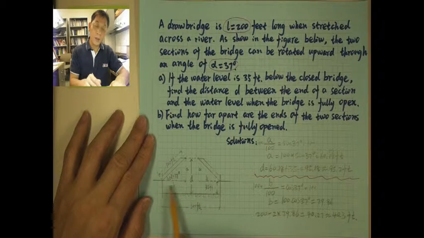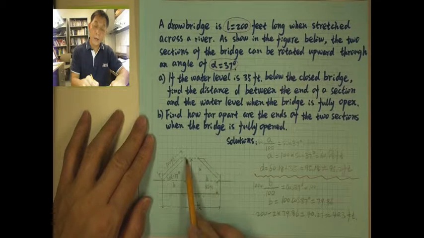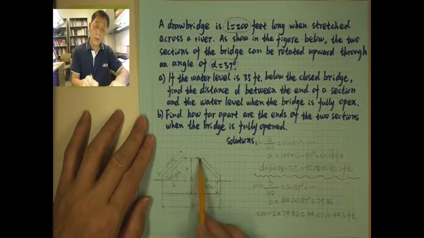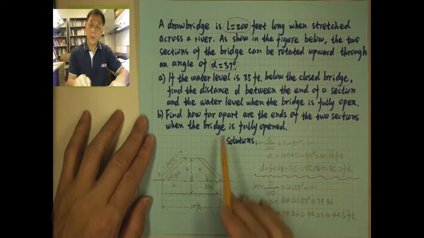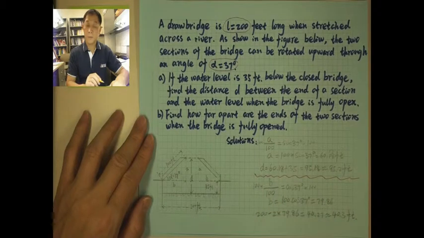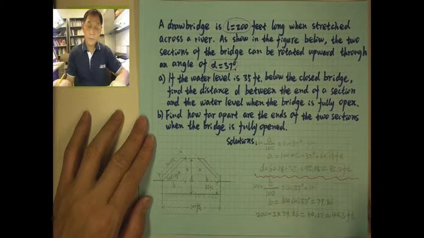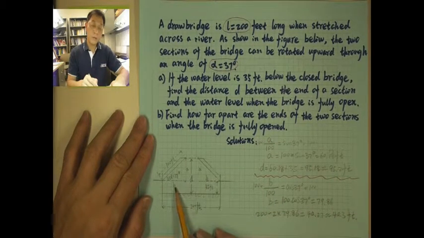Here is B, so 200 feet minus 2B, you will get the distance between these 2 points, how far apart, when the bridge is fully open. Okay, so we need to find out B.